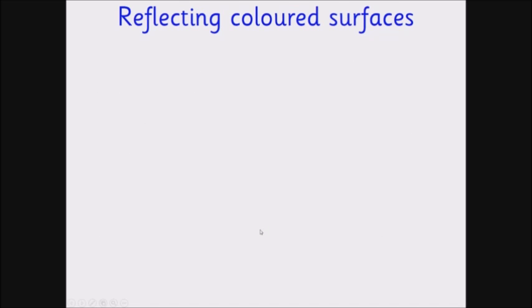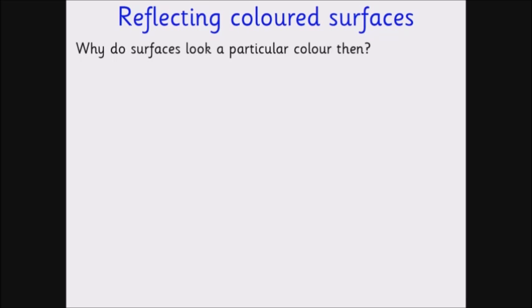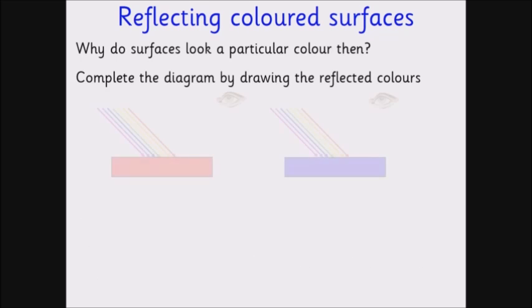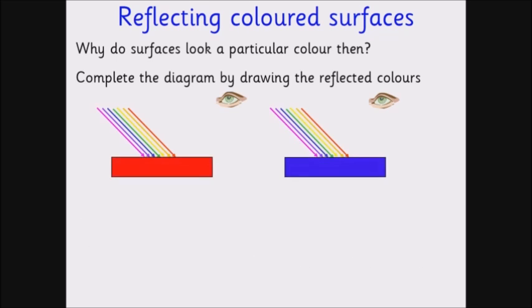Okay, and then reflecting colour, how does reflection work? Why do surfaces look a particular colour? Let's have a look at this diagram. So if something looks red, why does it look red? Well, remember, for something to look red, the red light must be reflected. So you can see that only the red light is reflected, and for something to look blue, only the blue light must be reflected.